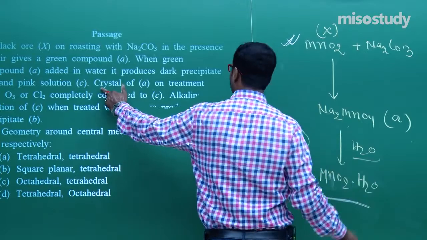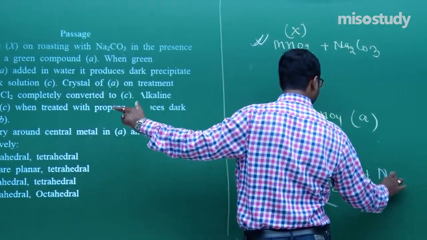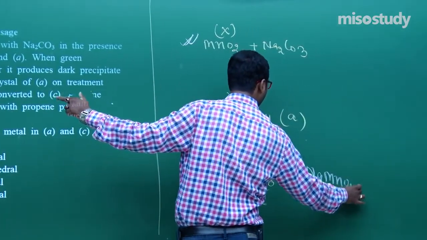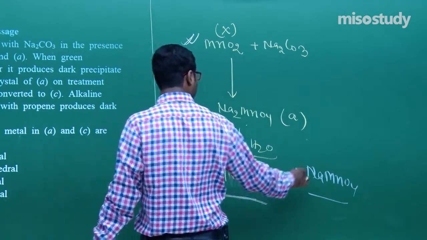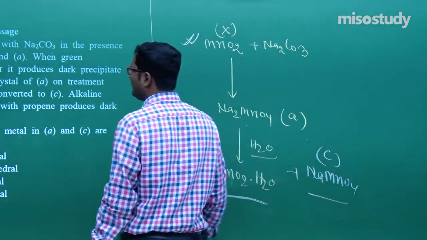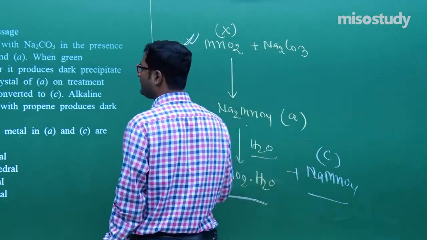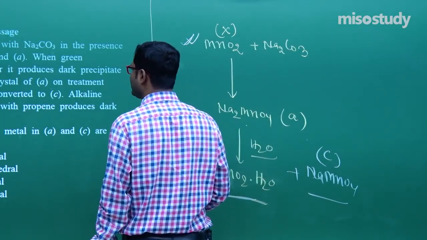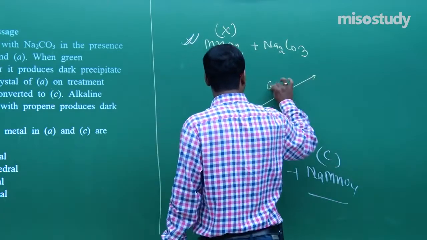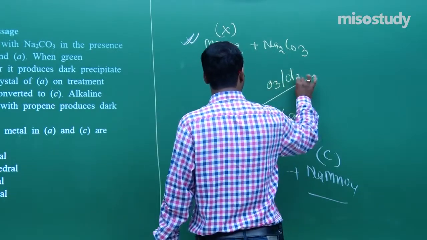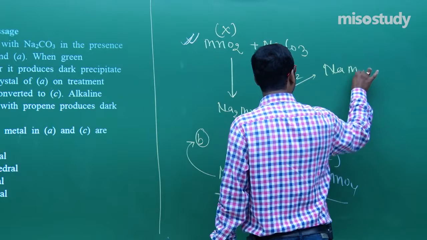Now, it gives a pink solution, that pink solution is NaMnO4. Yes sir. This is the pink solution C. Yes. Crystal of A, this one is A, on treatment with O3 and Cl2, it gives you NaMnO4.